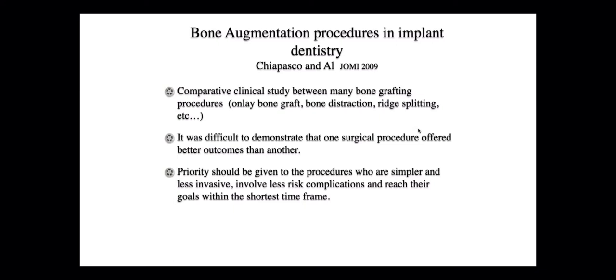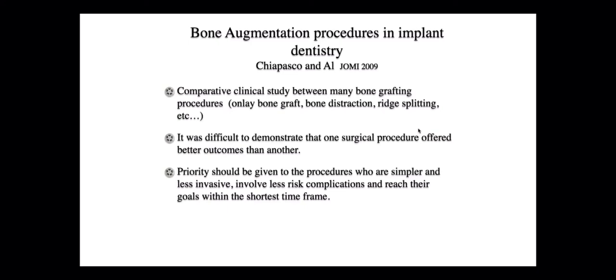They compared onlay block bone graft, bone distraction, ridge splitting, and guided bone regeneration. Their conclusion was that it was difficult to demonstrate that one surgical procedure offered better outcomes than another, and priority should be given to procedures that are simpler, less invasive, involve less risk and complications, and reach their goals within the shortest time frame.